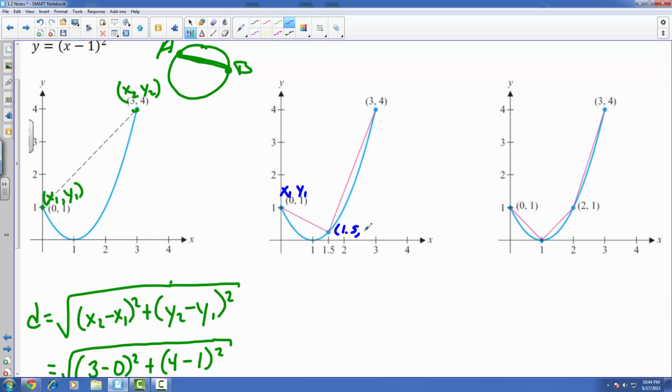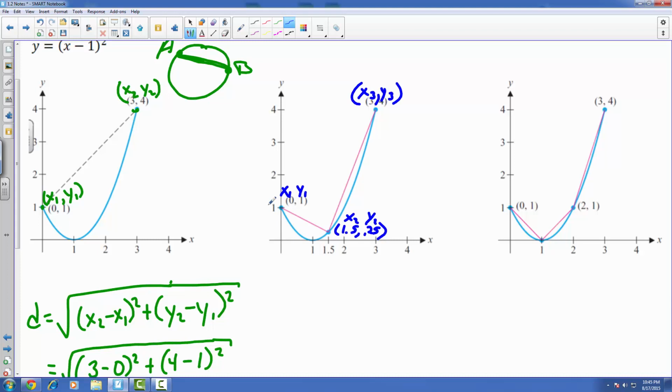Looks pretty close to that. We'll call this one x2, y2. And then this point, 3, 4, is our third point, x3, y3. So you're going to find the distance between these 2 points and the distance between these 2 points, finding each secant's distance.